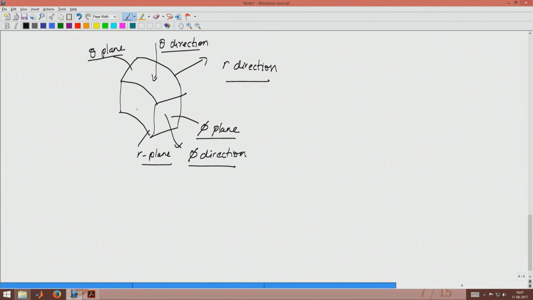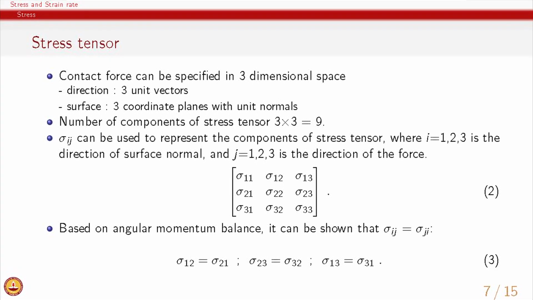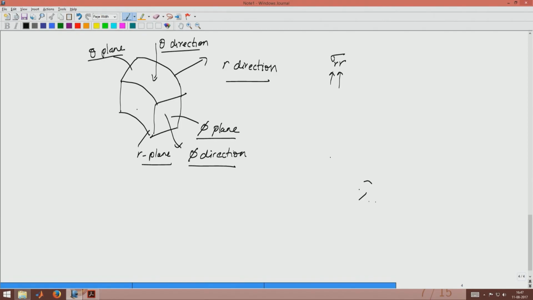The question you can ask yourself is where sigma r, for example, will be. As we said, there are two indices, one indicating the surface and one indicating the direction of force. Just to go back, the first index indicates the direction of the surface normal, which means this is the r surface or r plane, and the second index indicates the direction of the contact force.